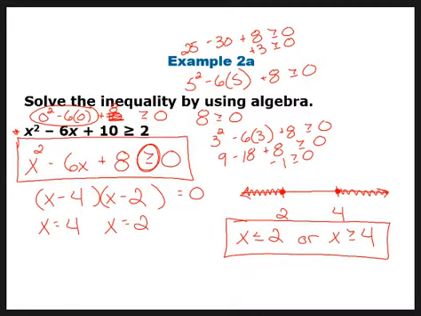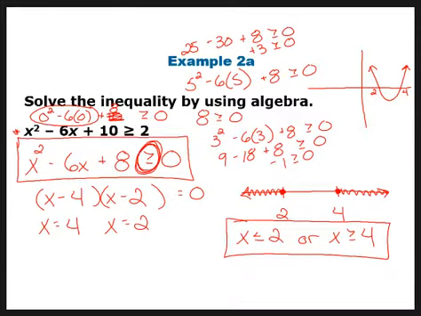Now think about this in terms of the graph again, like we talked about before. If we have 4 and 2 as my critical values, we probably have something that looks like that. Now we're looking for the parts of the graph that are greater than or equal to 0, or basically, where's my graph greater than or equal to the x-axis?